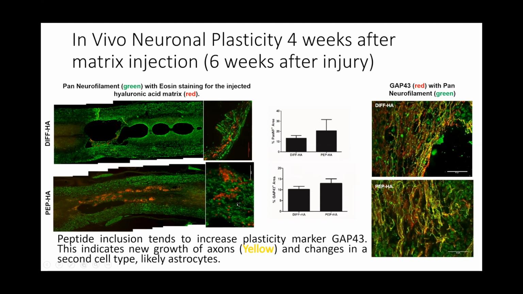Overall, when you look at the whole total spinal cord, this leads to a trend in increase in neurofilament. So we have more neurons theoretically left, and we have a slight increase in plasticity. So in PEP-HA, we can see that this is partially double stained with the neurons. So it's an indication that they're actually extending, but there's another cell type there.